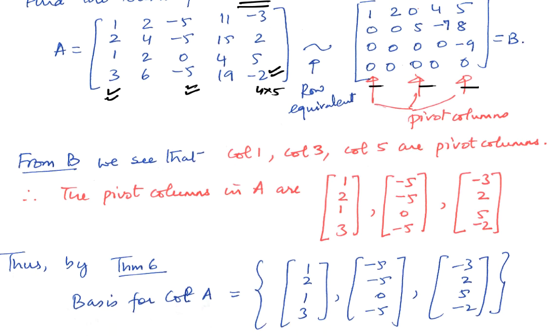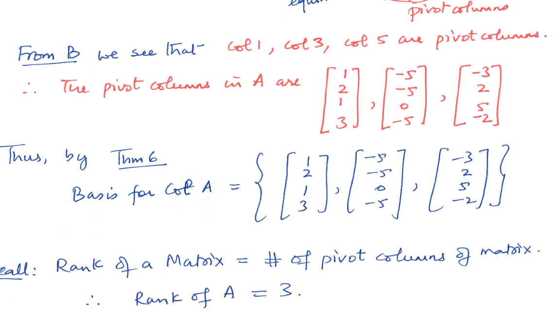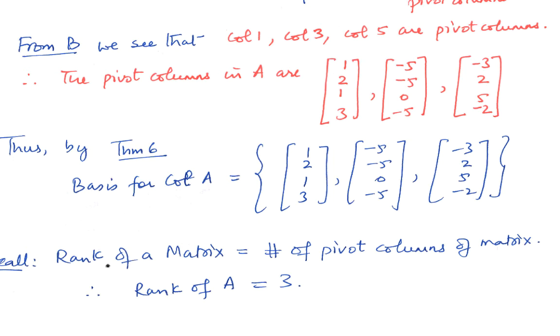We do not need to do anything here. And remember, we talked about the rank of a matrix way long ago when we talked about pivot columns and stuff like that. So the rank of a matrix is nothing but the number of pivot columns of a matrix. As there are 3 of them, the rank of A is 3.